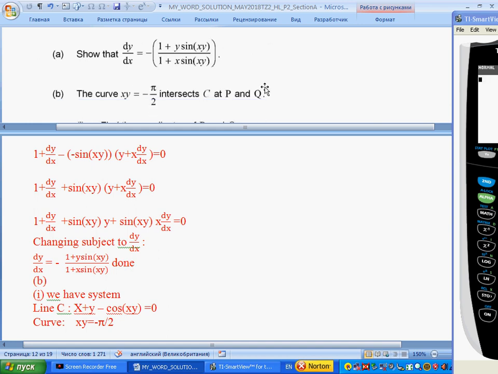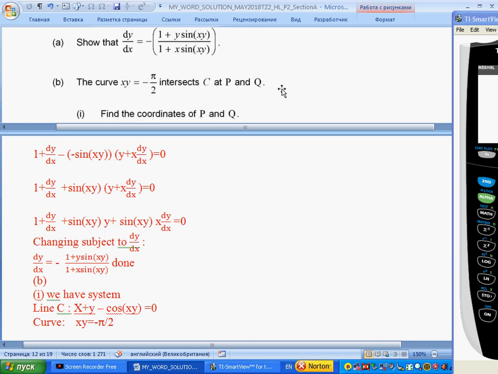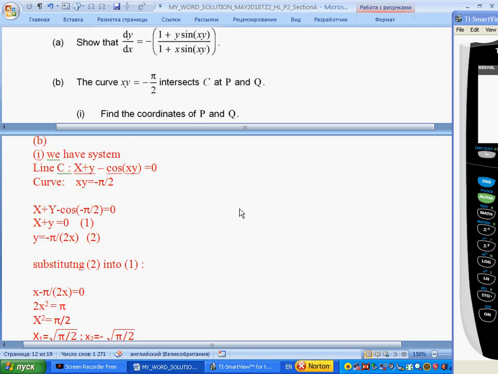Question B. The curve intersects C at P and Q. Find the coordinates of P and Q. So we have a system of two equations.